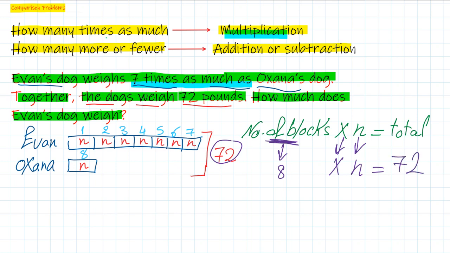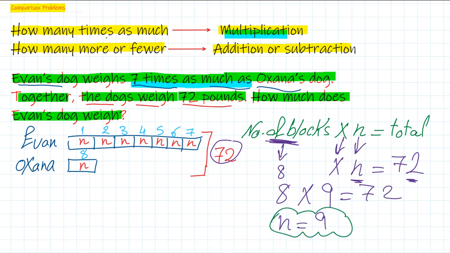So let's ask ourselves, 8 multiplied by what equals 72? You have to keep your timetable. 8 multiplied by 9 equals 72. So the value of n here is 9. Okay, so replace n with 9 in every block.